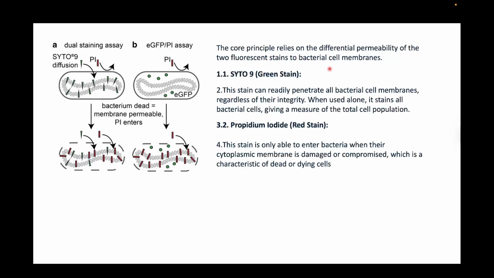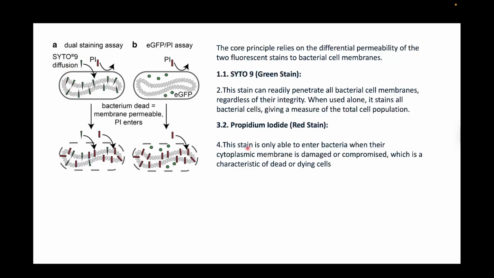The core principle relies on the differential permeability of two fluorescent stains to bacterial cell membranes. SYTO9 is a green stain. This stain can readily penetrate all bacterial cell membranes, mentioned here in green. Regardless of their integrity, when used alone, it stains all bacterial cells, giving a measure of total cell population. So SYTO9 can cross the cell membrane of bacteria and stain the bacteria green.